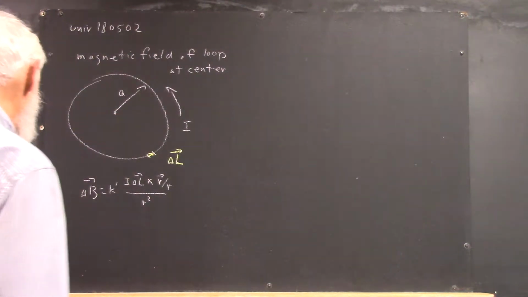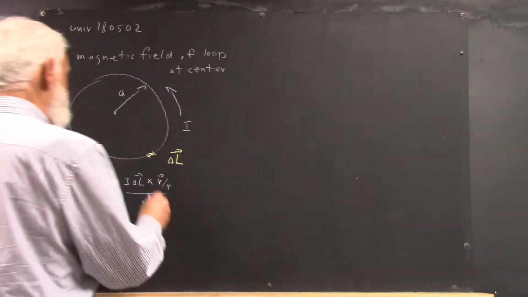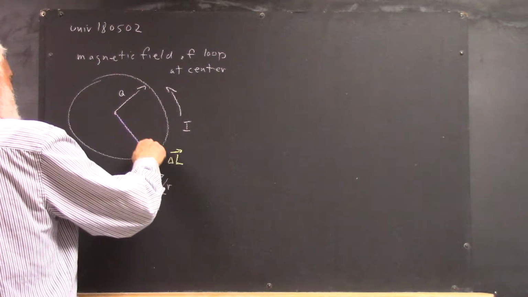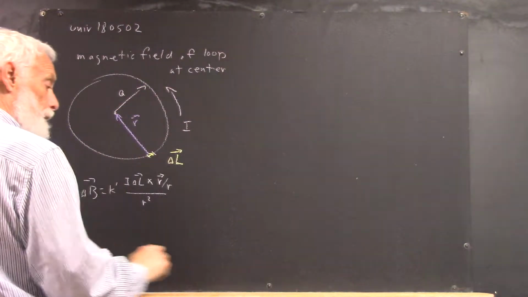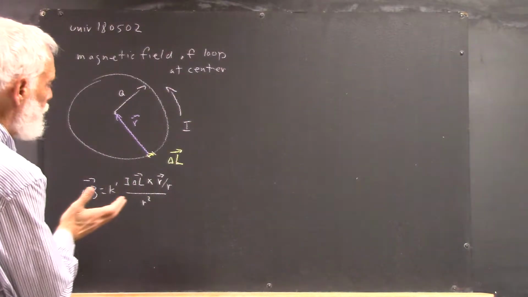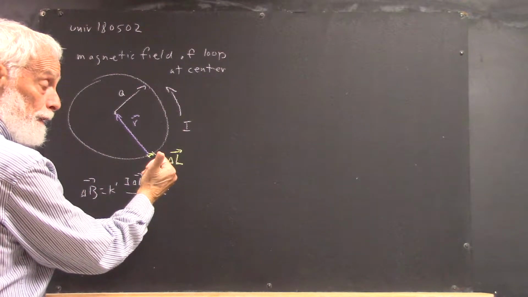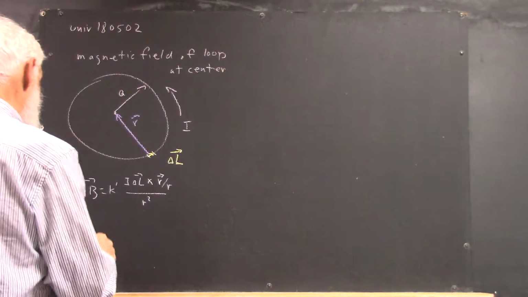Okay, well then the R vector is here. And I delta L cross R is clearly out of the board.